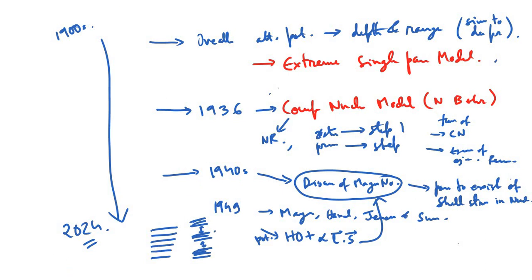If the nucleons are filled up to this level, 20 nucleons are filled up, then the 21st nucleon, I am talking independently about neutrons and protons, so let me right now talk about neutrons. The 21st neutron will have to be placed at a very high energy.